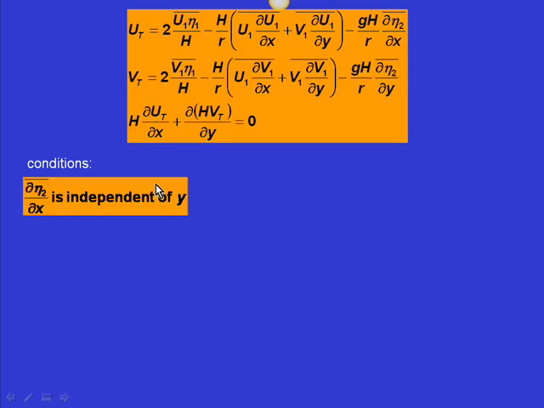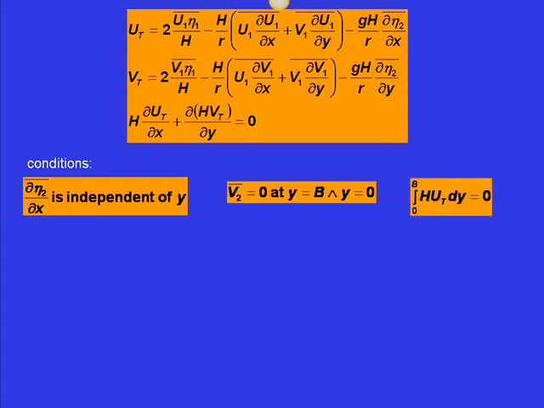So the condition that we need to find d eta 2 dx is that the gradient is independent of the transverse direction. In other words, the variations of the residual sea level are independent of the y direction. The residual sea level eta 2 will only change in the x direction, but not in the y direction. Then we make the condition that the normal flow v sub 2 at the boundaries of the channel, at y equals 0 and at y equals b, is equal to 0.